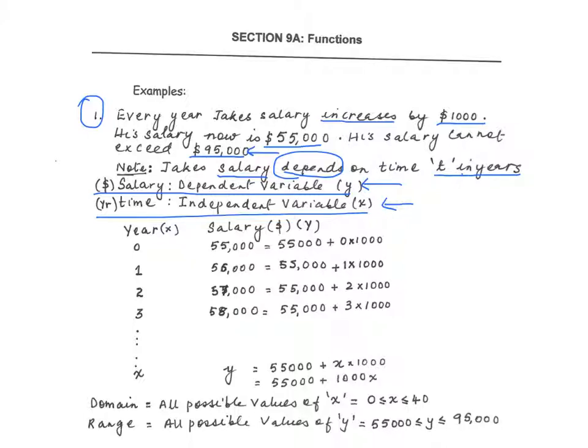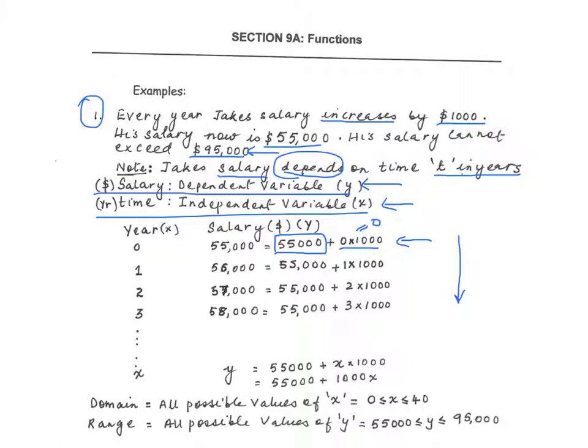So in year zero, at the beginning of this whole process, his salary is $55,000 plus nothing, because 0 times 1,000 is 0. And we're writing it as 0 times 1,000, as you can see a little later, just to establish a pattern.